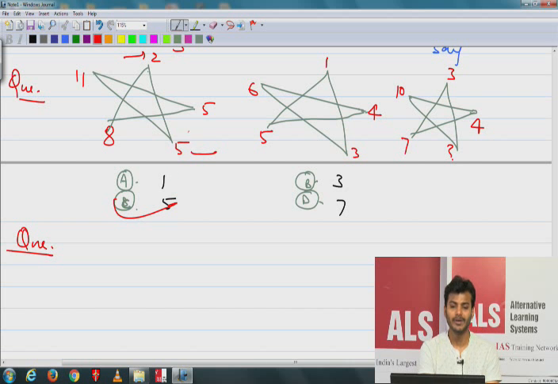Now again, if I repeat this process, 5 plus 5 gives you 10 and 10 minus 2 is 8. You getting it? Yes. Now again 8 plus 5 is 13 and 13 minus 2 gives you 11. So that is the 11. That is the observation we can do here. And on the same note, can you verify the second one?